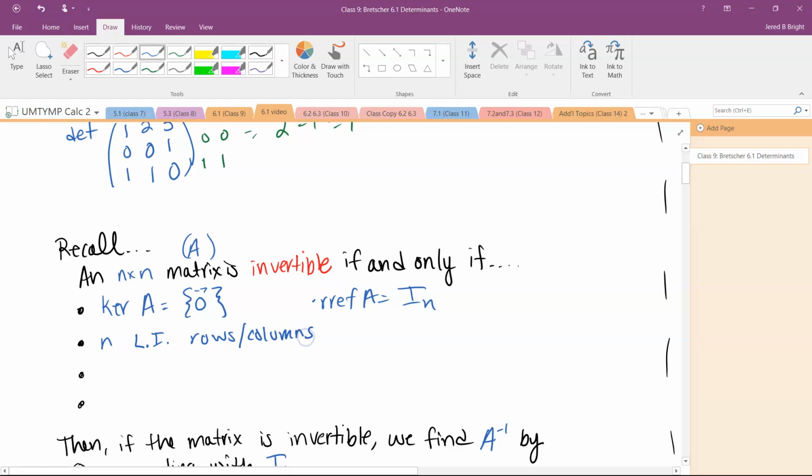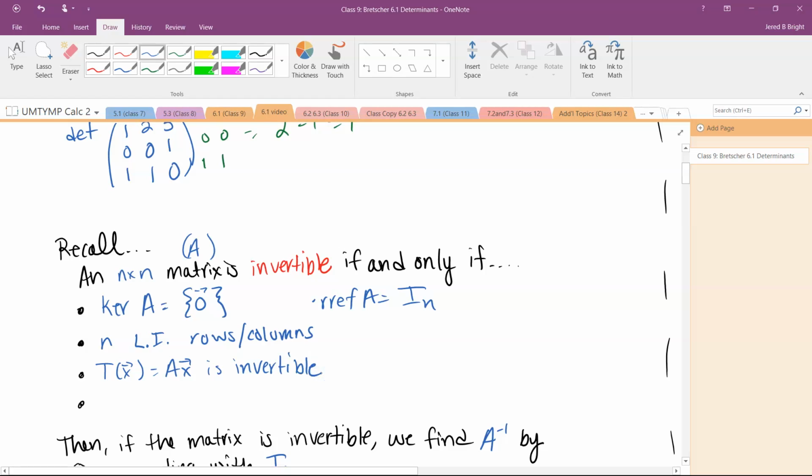Okay? And similarly, we would say that the matrix is invertible if the corresponding linear transformation, which is T of x equals Ax, is invertible.